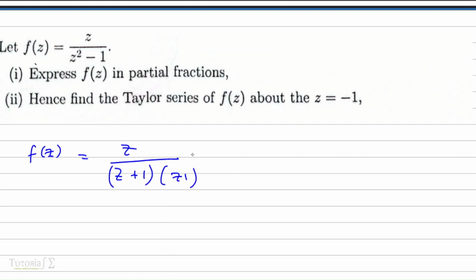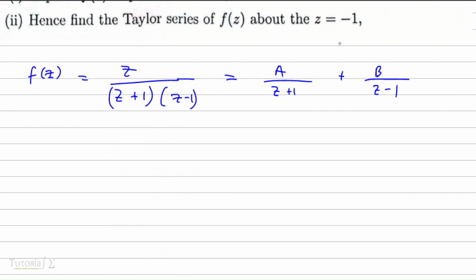Okay, and we want to write this in the form a over z plus 1 plus b over z minus 1. Okay, so that is what we do. We just equate these parts. We just need to find a and b, and we're good to go.